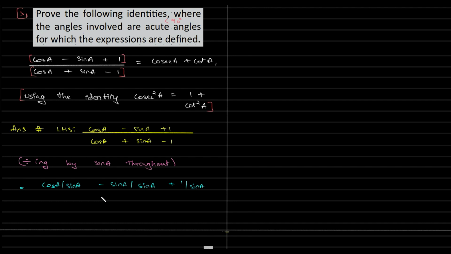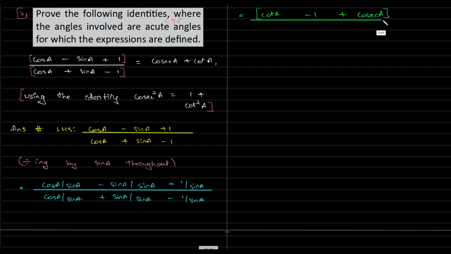We divided the numerator terms and now the denominator terms: cos A by sin A plus sin A by sin A minus 1 by sin A. So cos A by sin A is, we know that, cot A minus 1, right? Sin by sin is 1, so plus cosec A. Cot A plus 1 minus cosec A.